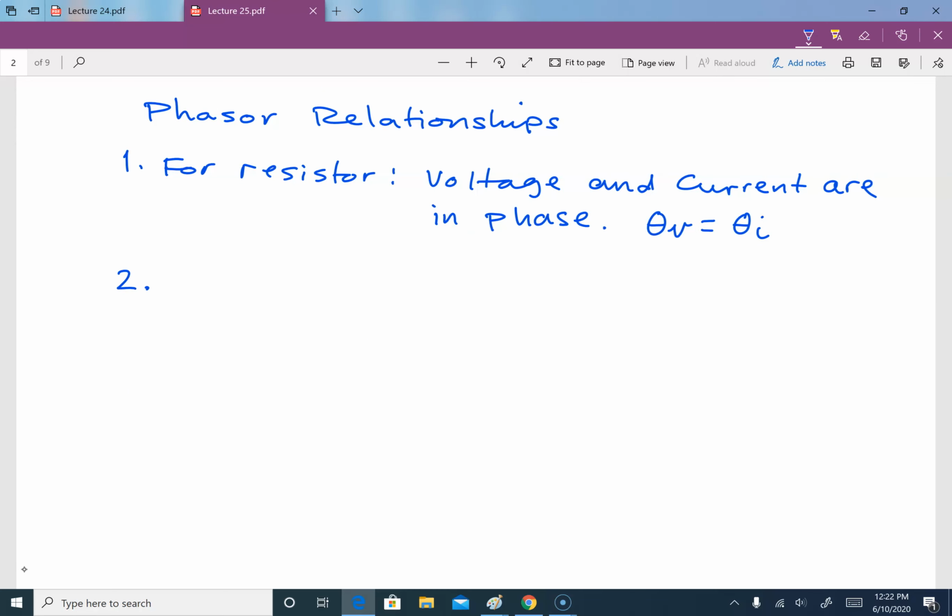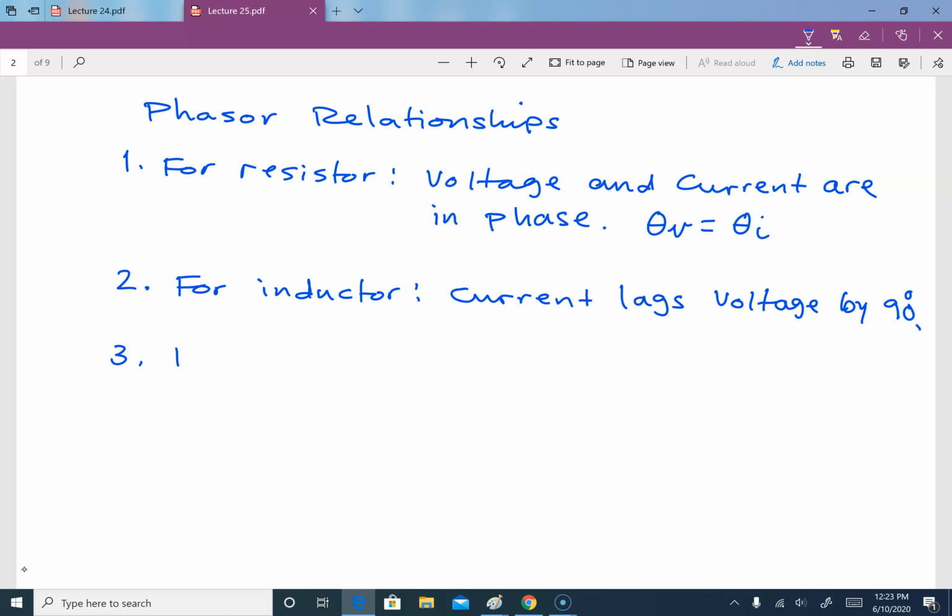The second relationship here is for inductor. For inductor, all the time current lags voltage by 90 degrees. When we have a pure inductor, the current flowing through that inductor is lagging the voltage across that inductor by 90 degrees.